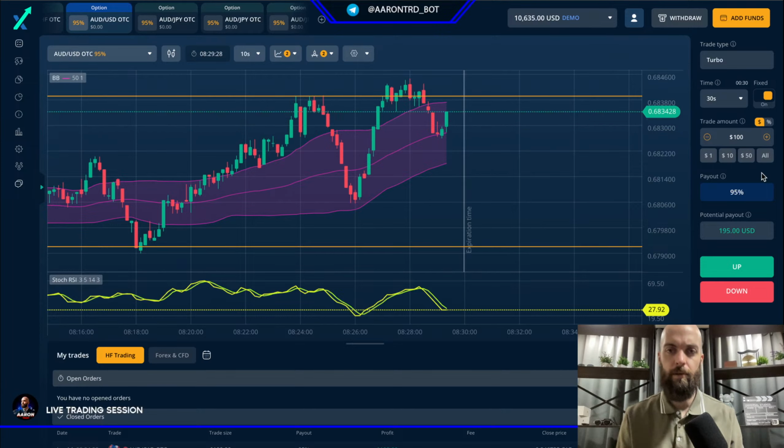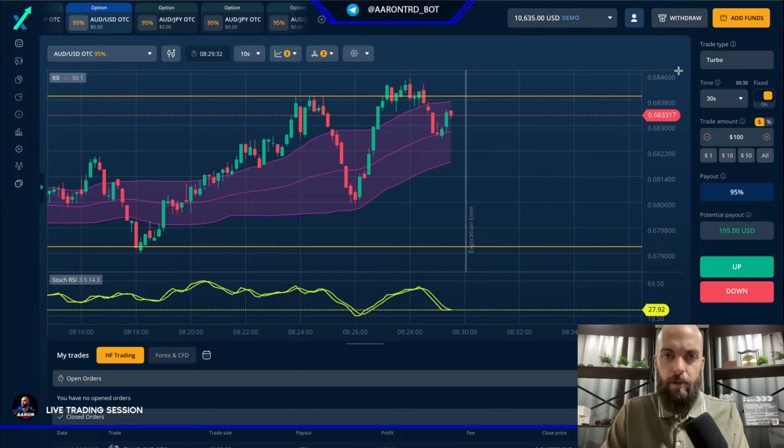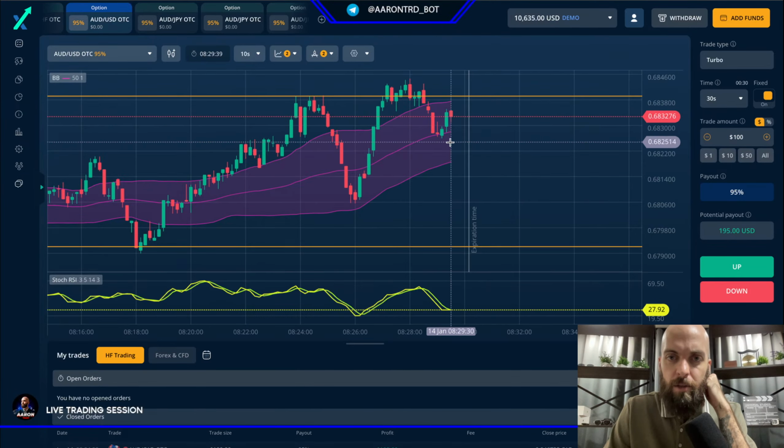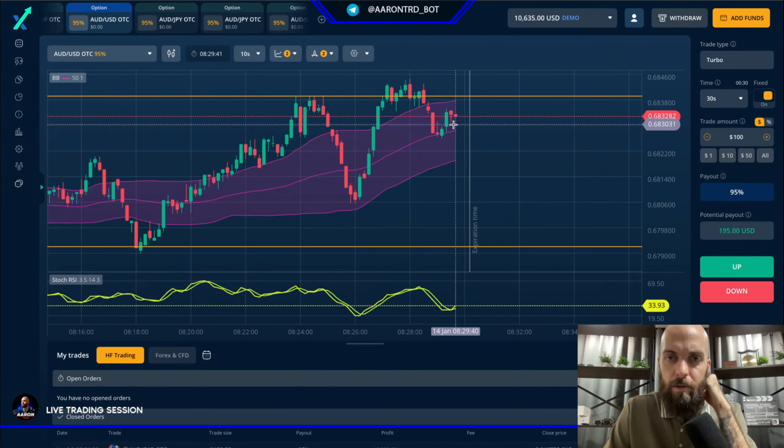Okay, let's just wait a couple more candles. It's probably going to show something right here. We've pierced back through. If we can get maybe an engulfing or a few wicks.